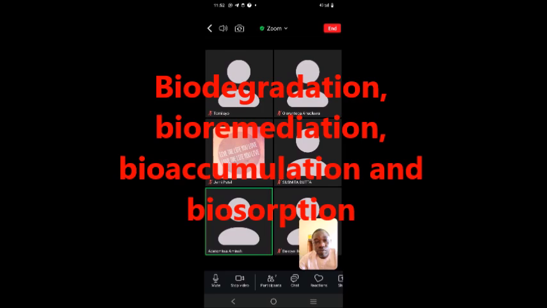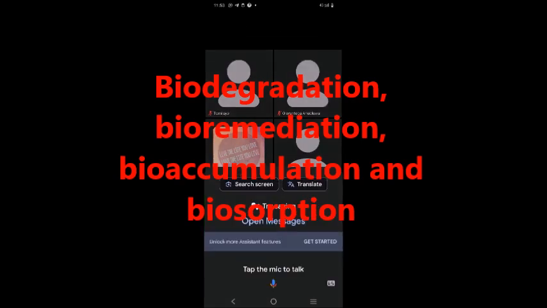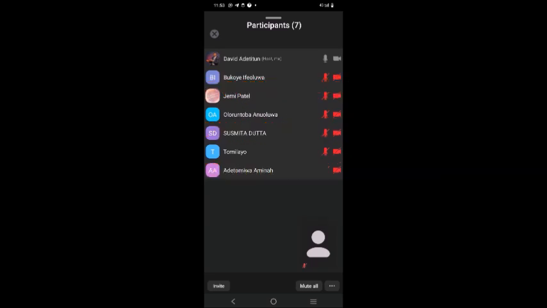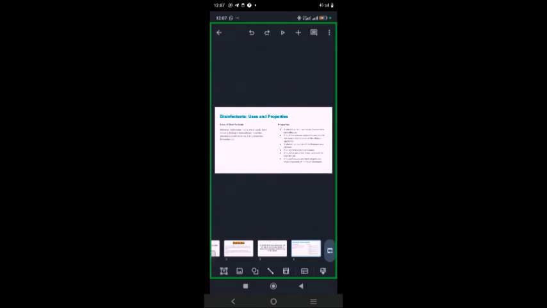Biodegradation involves the breakdown of complex contaminants, some of which could be cancerous and difficult to break down. That is why we need an organism that has the potential to break down such entities. It makes the contaminant available in an absorbable form.